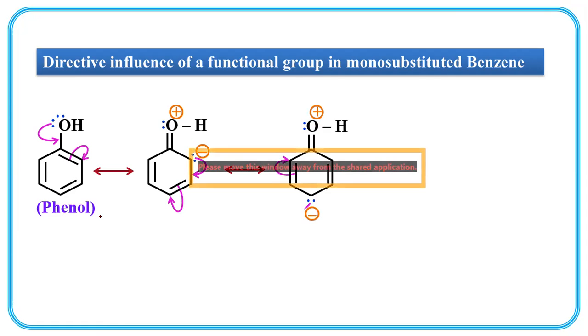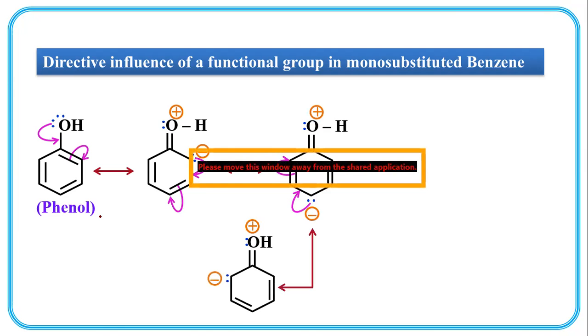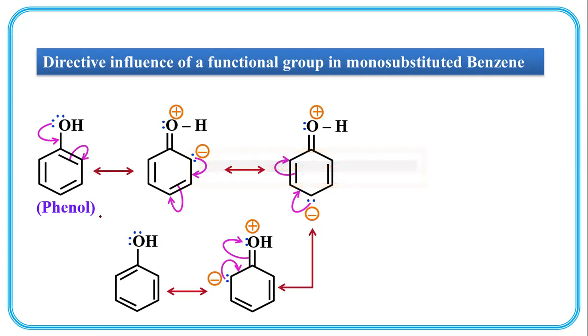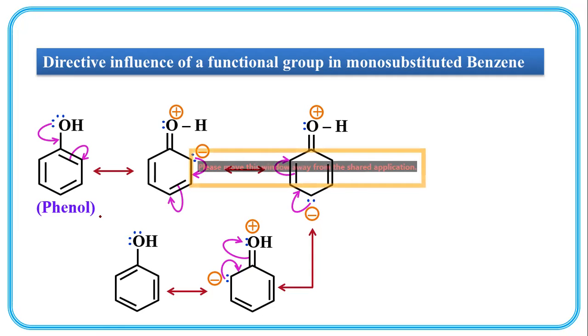In this way, it goes again to the ortho position, and in the last structure it stabilizes and shows another structure of phenol. So in the first structure and fifth structure of phenol, you can see the positions of double bonds.